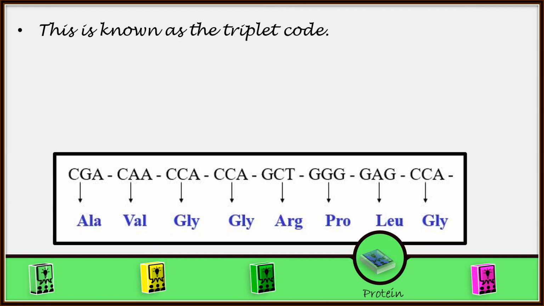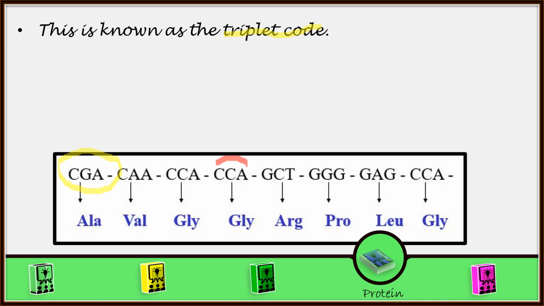This is known as a triplet code. If we have 3 bases, those 3 bases form a code, and that code is called a triplet code.